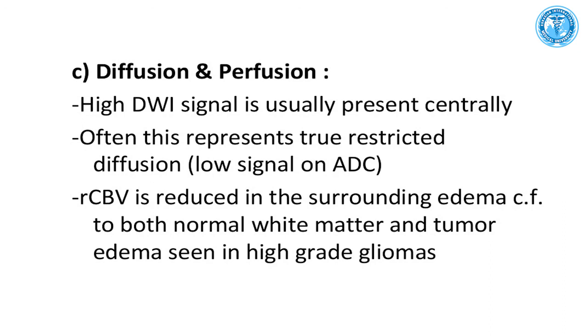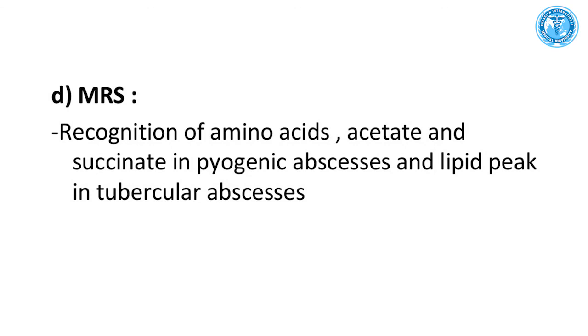This represents restricted diffusion, with low signal on ADC, and rCBV is reduced in the surrounding edema, unlike normal white matter and the tumor edema seen in high-grade gliomas. MRS shows amino acids, acetate and succinate in pyogenic abscesses, and a lipid peak in tubercular abscesses.